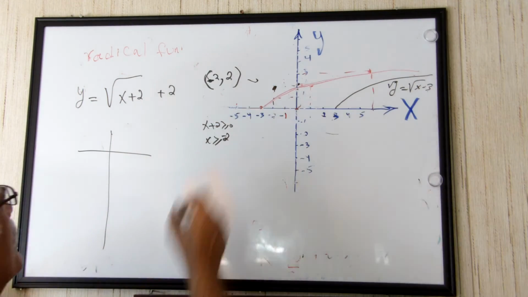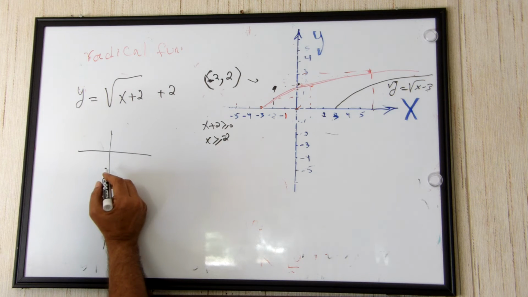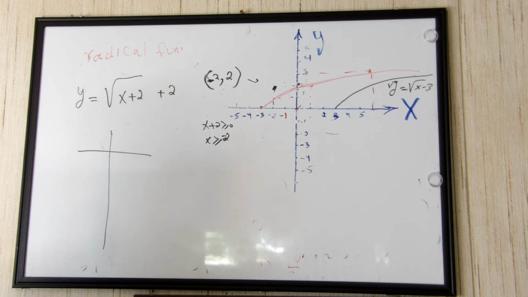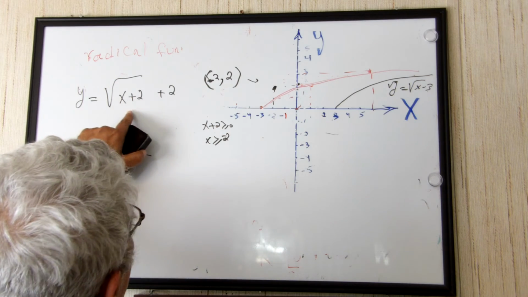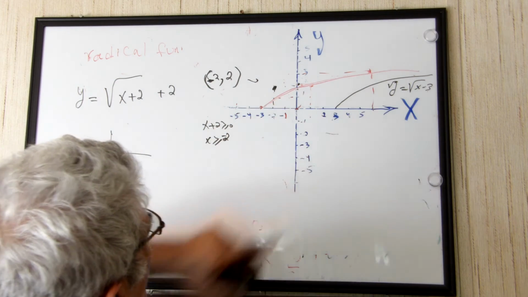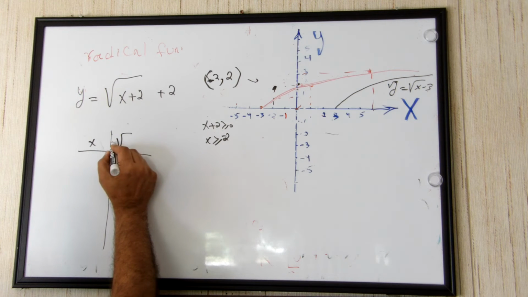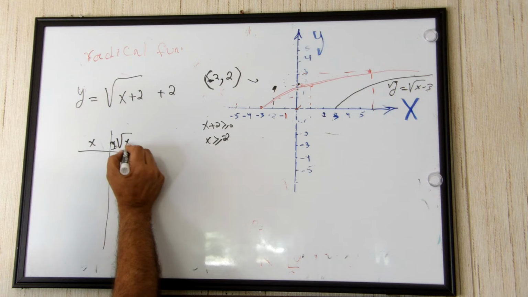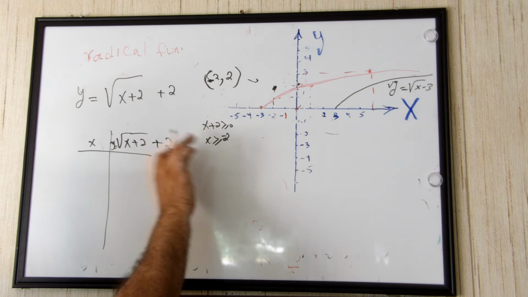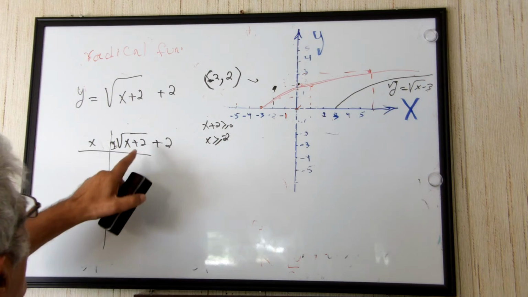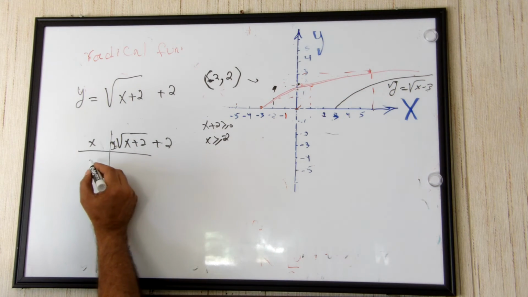You can always find the intercept of this one if you set x equal to 0. This is y equals the square root of x plus 2, plus 2. The 2 is outside this radical, and x plus 2 is inside the radical.